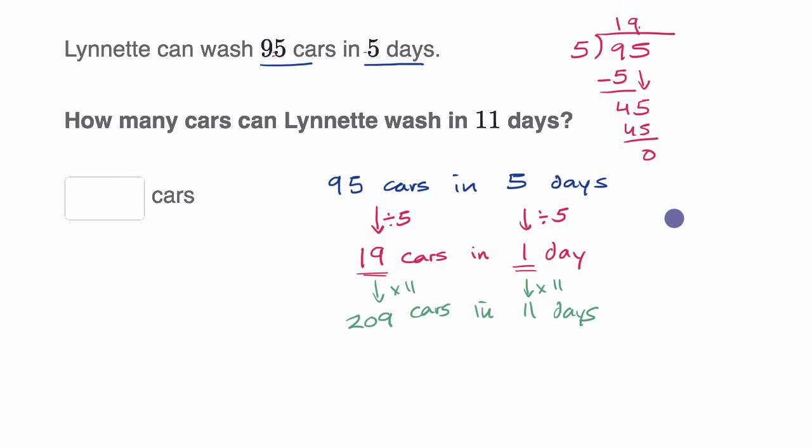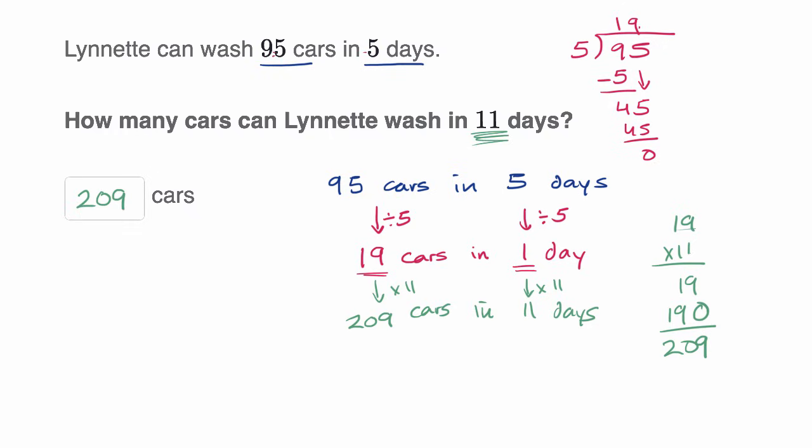Or you could just multiply 19 times 11. 1 times 19 is 19, and then 1 times 19 is 19. Add them together, you get 209. So she can wash 209 cars in 11 days.